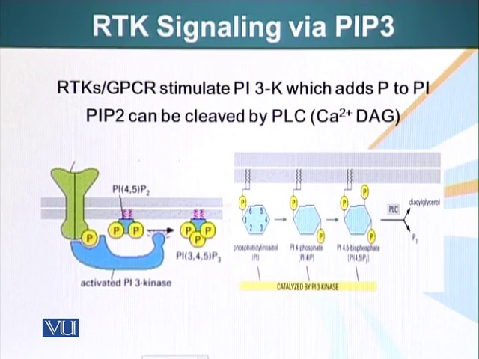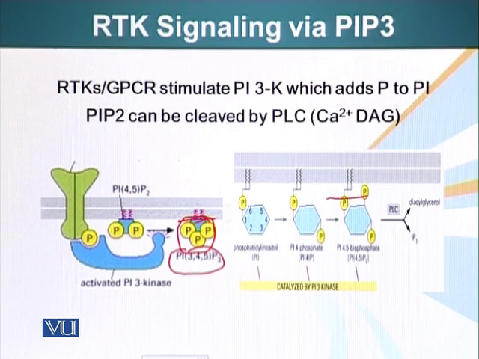When this protein is recruited near the plasma membrane, it adds a phosphate group to phosphatidylinositol. When this happens, this molecule, which is embedded in the plasma membrane, serves as a docking site for other proteins. Additionally, it can also be cleaved at this region, which we are seeing here.